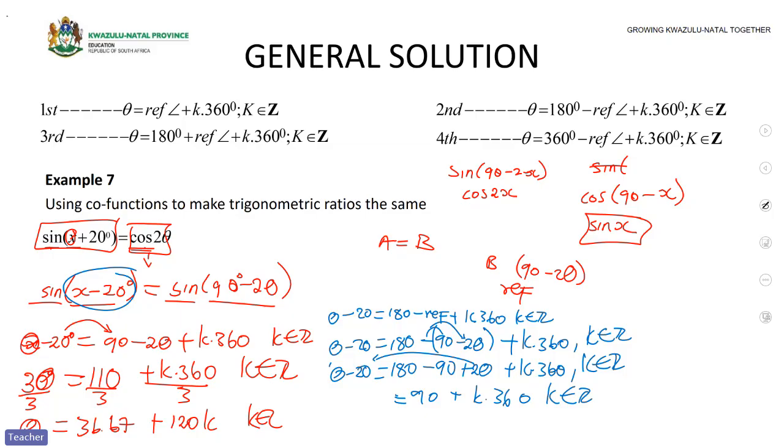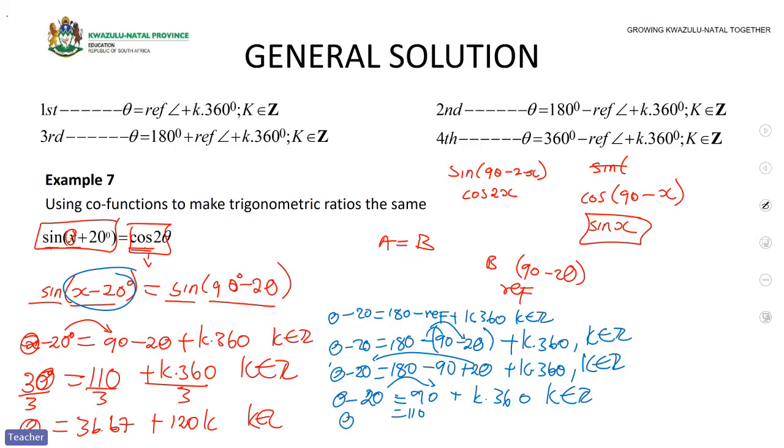So we should be adding this 20. This side will give us 110, 90 plus 20.